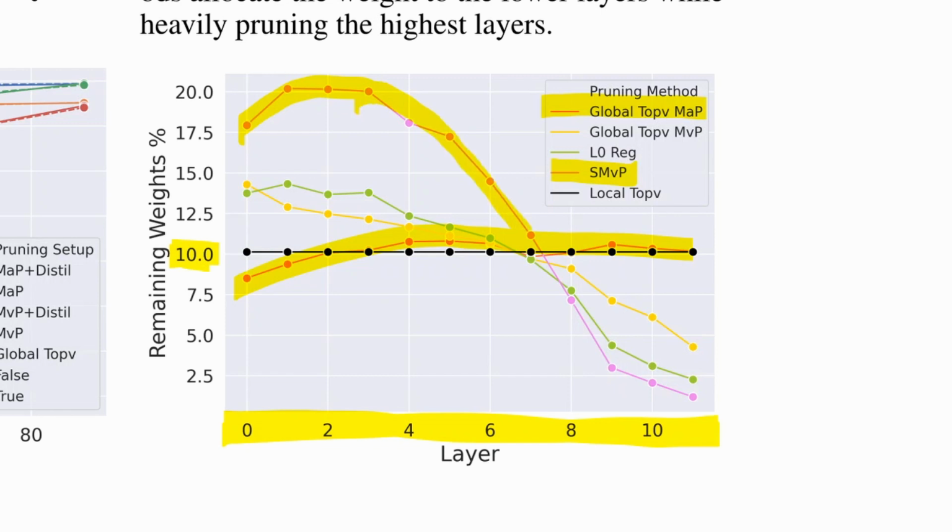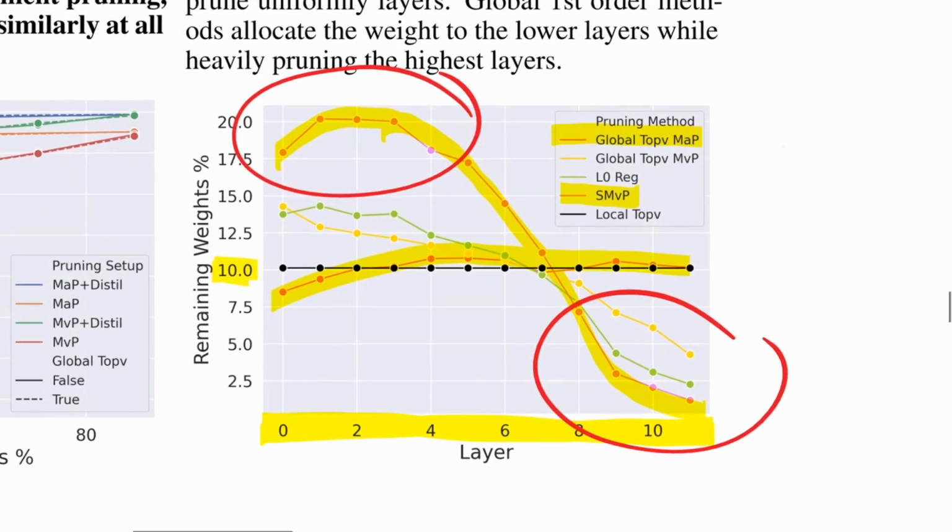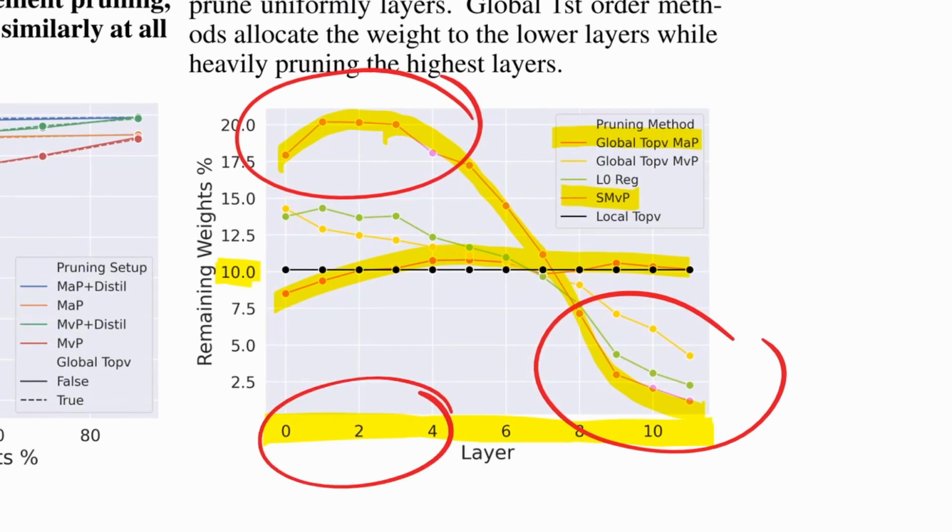It will remove much more of the later layers' weights and keep the lower layer weights, which I think, if you do transfer learning from these language models, tends to be because the lower layers maybe pick up, if you think of a CNN, essential image features like corners and so on, and the higher layers will pick up on the task-specific things.